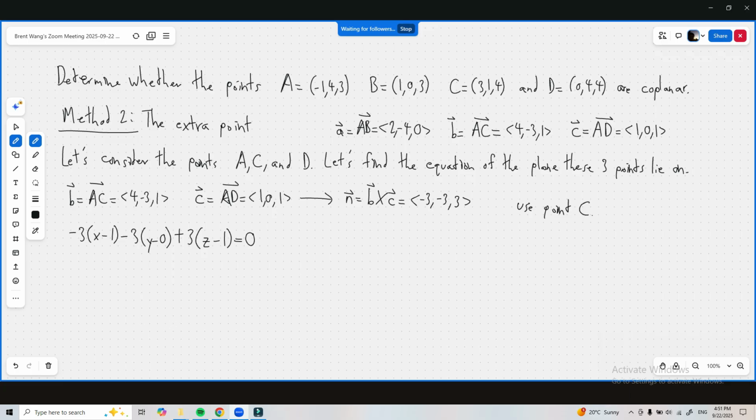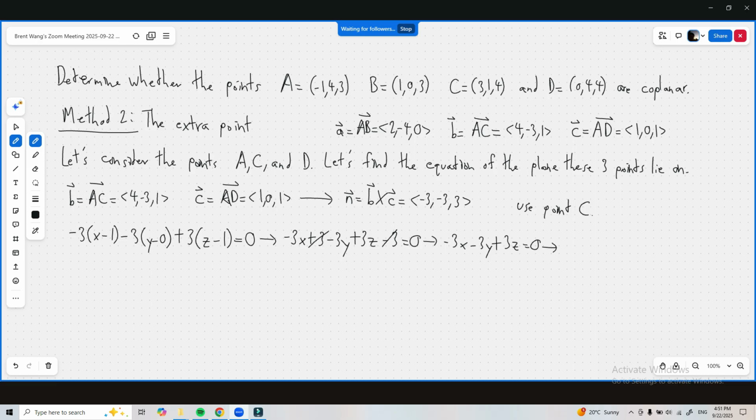And then doing some math, we have -3x plus 3 minus 3y plus 3z minus 3 is equal to 0. These 3's cancel out. -3x minus 3y plus 3z equals 0.